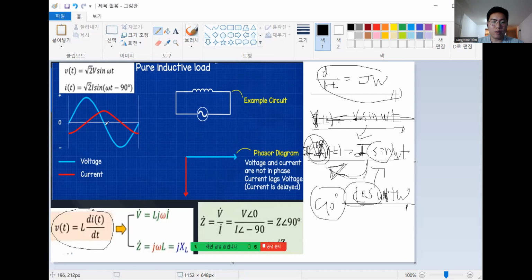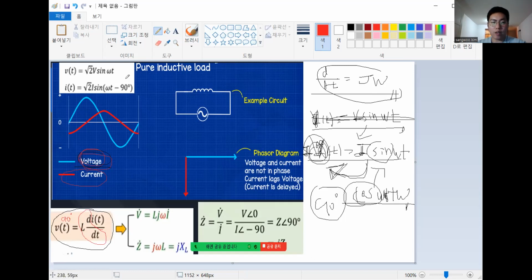Look at that here. The voltage is going to lead the current, as you can see here. If we do the differential here, it has to be 90 degrees, a lead.